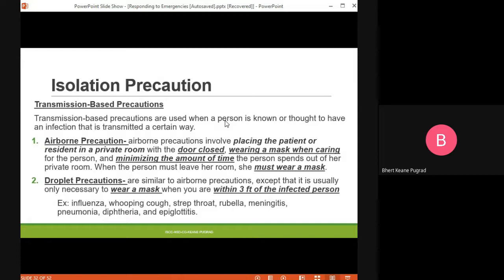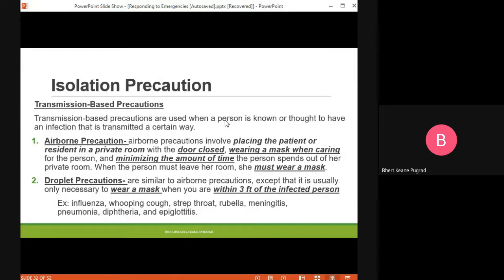Number two, droplet precaution. Okay? The experts are saying that the coronavirus or the COVID-19 is a droplet precaution. So droplet precautions are similar to airborne, except that it's usually only necessary to wear a mask when you are within 3 feet away from the infected person. Okay?